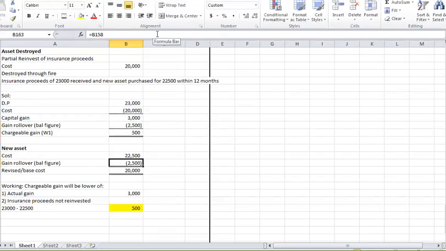And the gain which will be deferred, which is 2,500, will be deducted from the cost of the new asset. The cost of the new asset is 22,500. So the revised cost or base cost of the new asset is 20,000 pounds. Whenever you sell the new asset in the future, you will take 20,000 pounds as the cost of the asset.